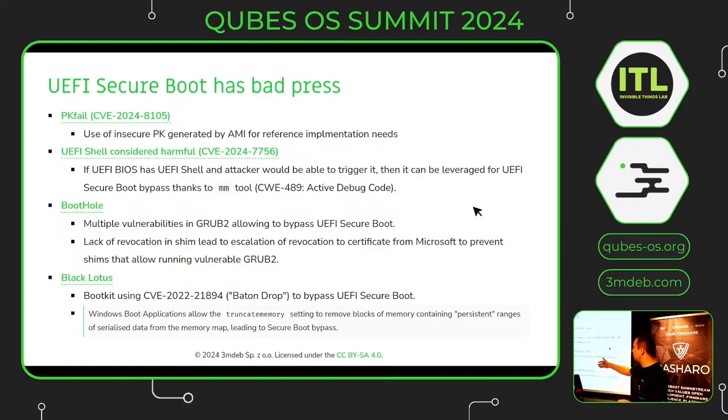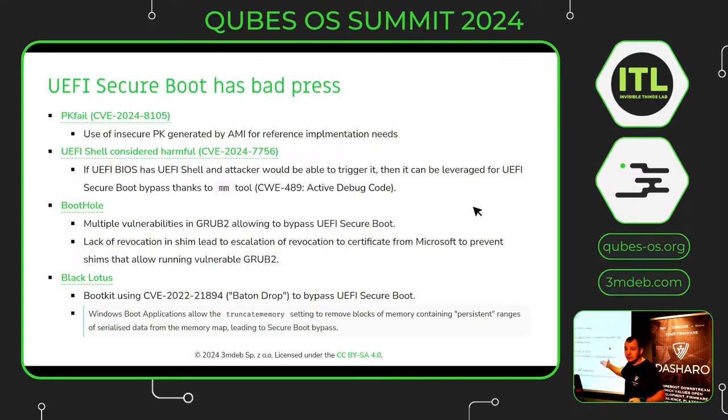But the problem was that Microsoft signed the shim, and shim itself didn't have a mechanism for revocation at that point. So essentially it didn't know if the next thing it was booting was vulnerable or not. This escalated one layer up, to revocation.